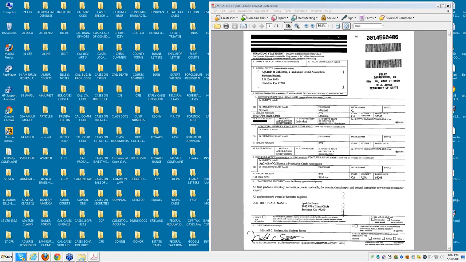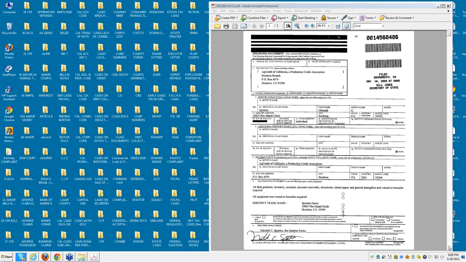And you'll see that they're listed here. You have farm products, inventory, accounts receivable, documents, chattel paper, and general intangibles, now owned or hereafter acquired.